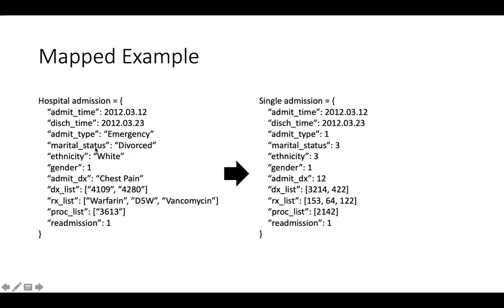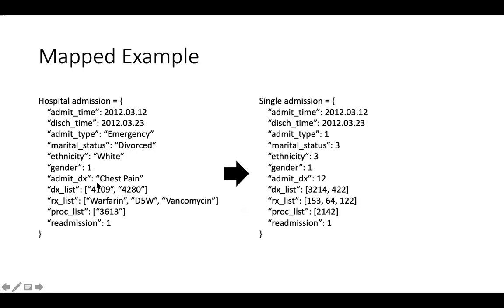So emergency becomes 1, marital status 3, ethnicity white was 3, gender 1, and chest pain is 12.